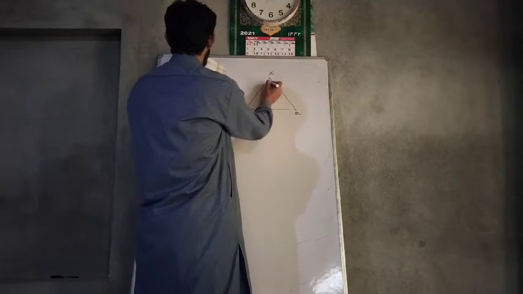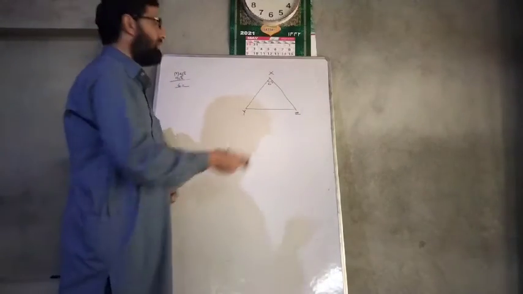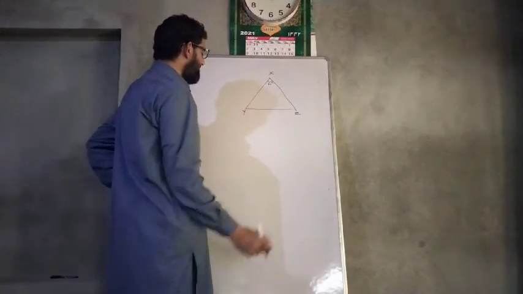Now this angle X is equivalent to 62 degrees. By angle sum property, you know angle X plus angle Y plus angle Z is equal to 180.